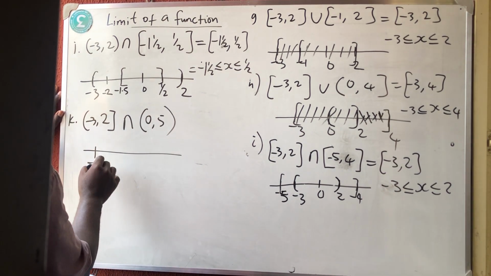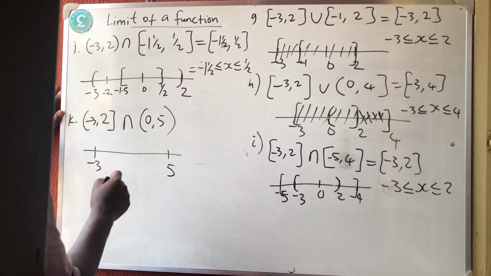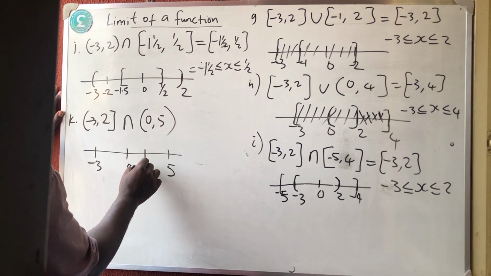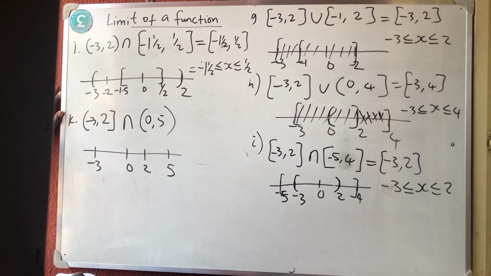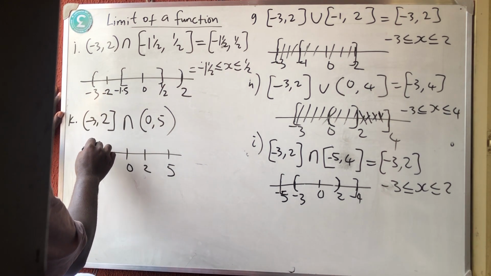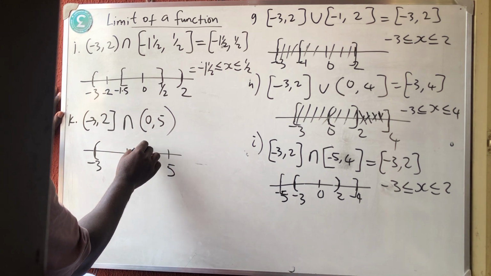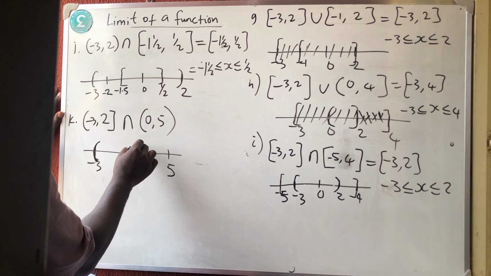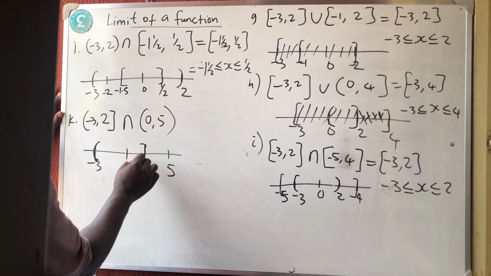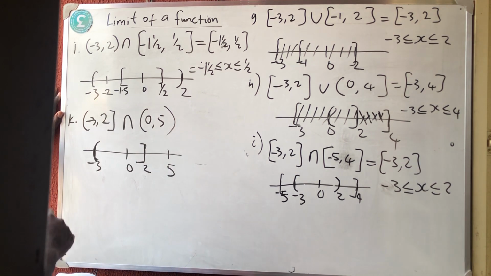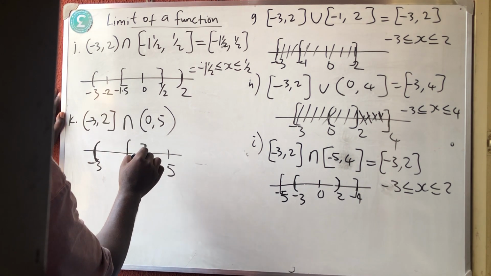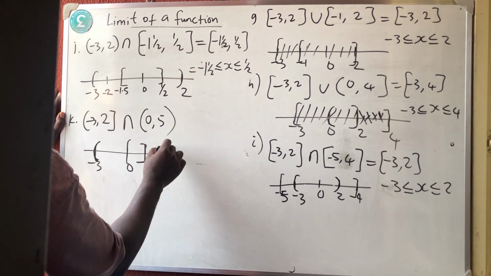This is minus 3 and this is 5. I'm having a 0 in the middle, so 2 should be somewhere here. This one started from something very close to minus 3, like minus 3.11111111, and ended in 2. But look at this one, it started from 0 and ended in 5.